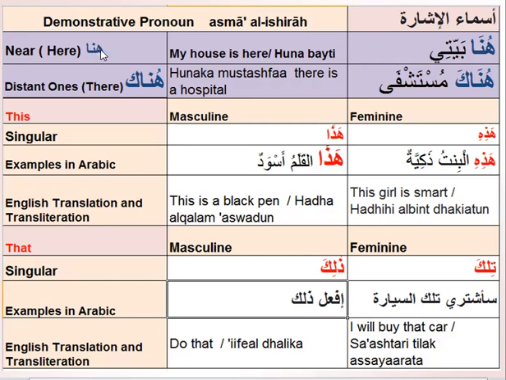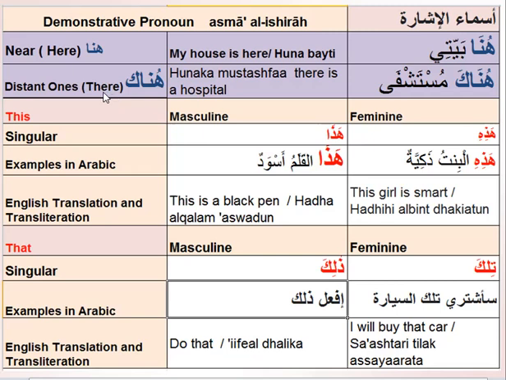So if I want to say huna baiti, my house is here. Huna means here, and bait is the root word for house, and when you suffix ī, it becomes my. So huna baiti.